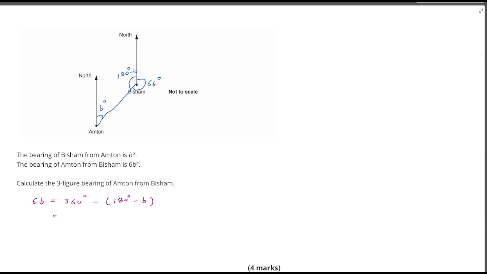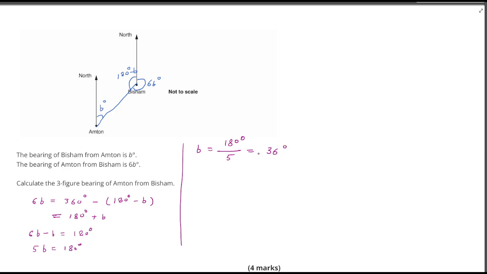So better I write 180 degrees and then minus minus is plus, so plus B. So 6B minus B is 180. That is 5B is 180 degrees. So your B is 180 degrees divided by 5, which is 36.